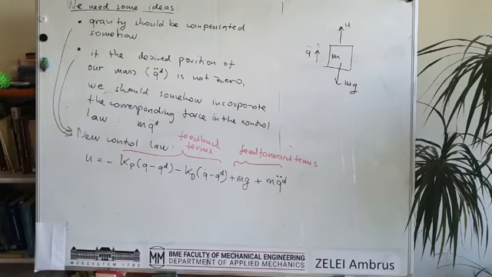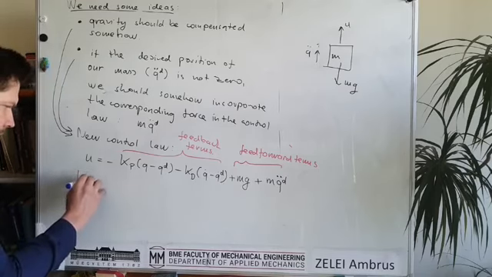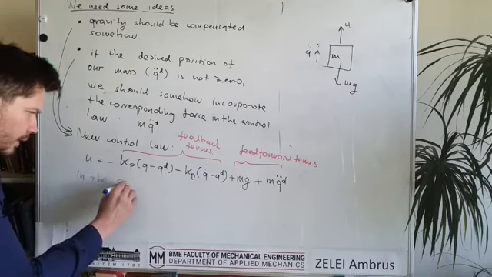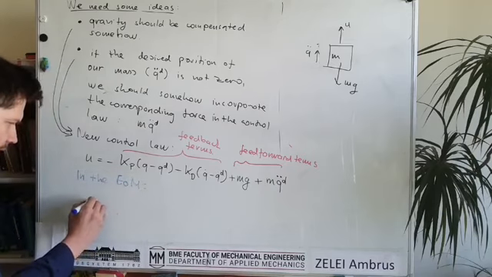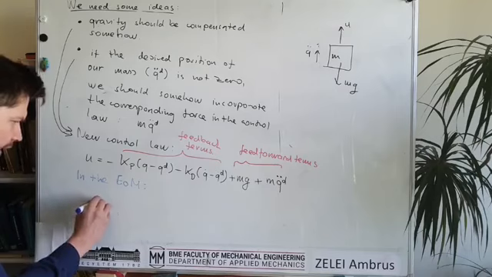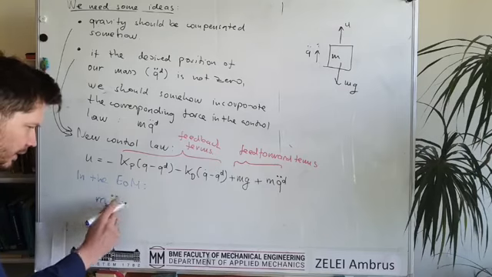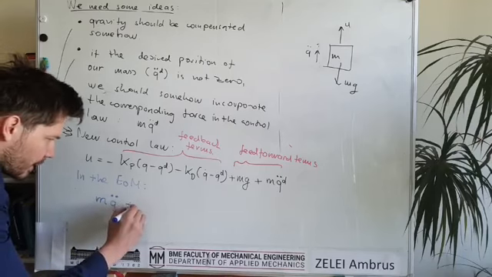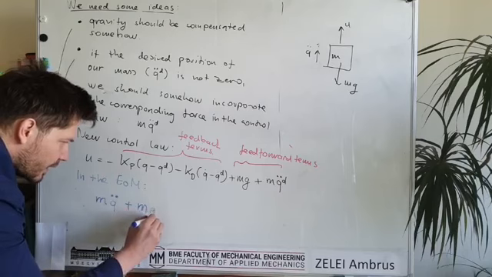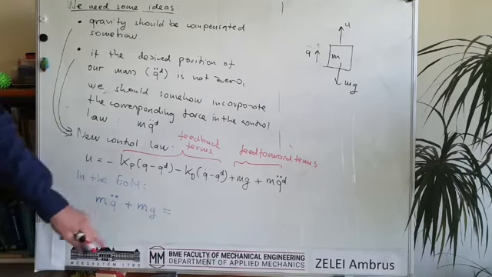And let's check what happens in the equation of motion. In the equation of motion, it was like m times q double dot plus m times g equals u. So it was our equation of motion.